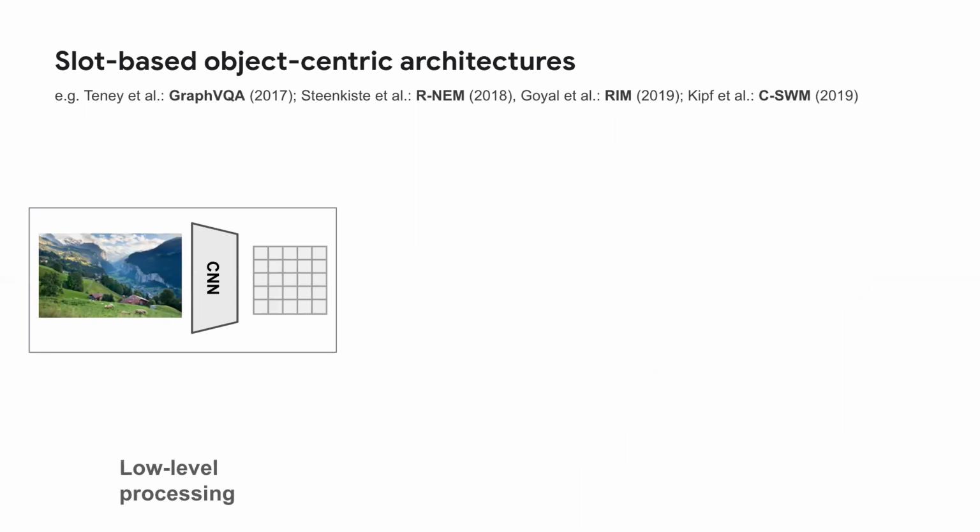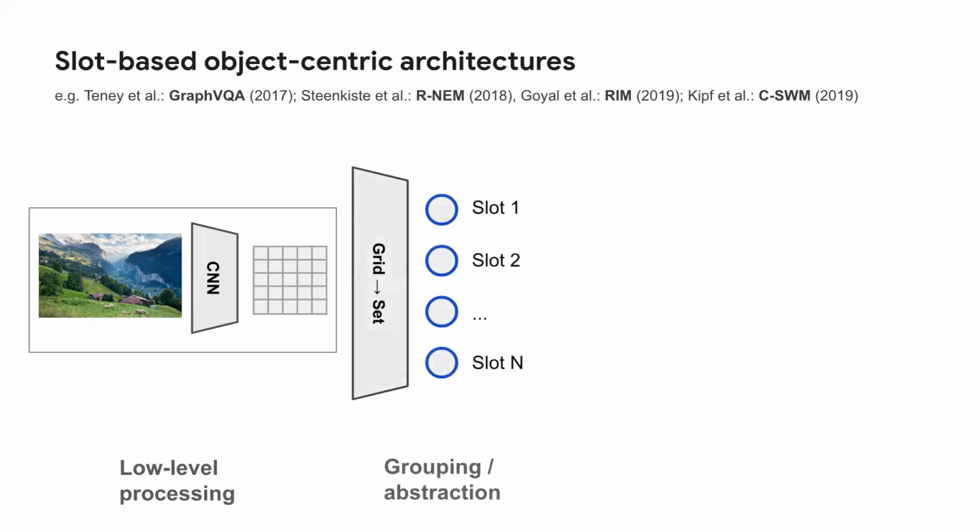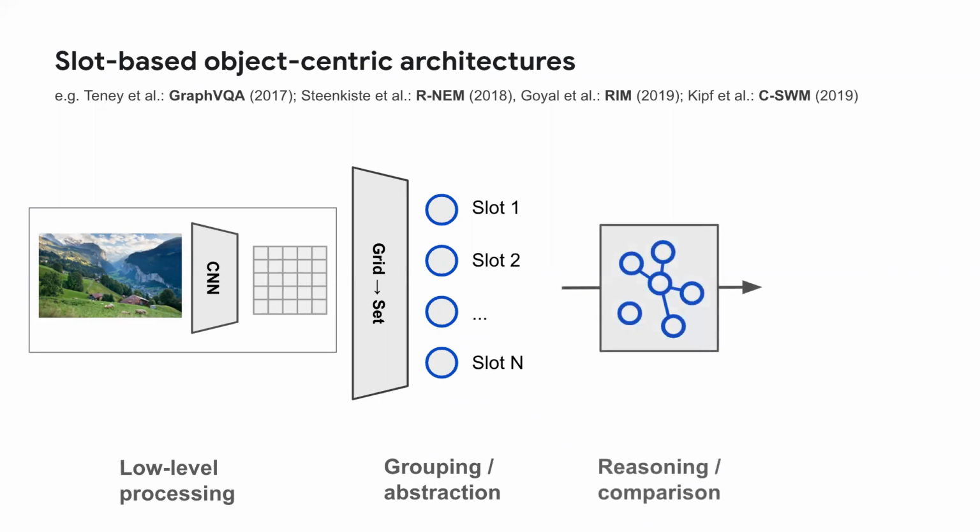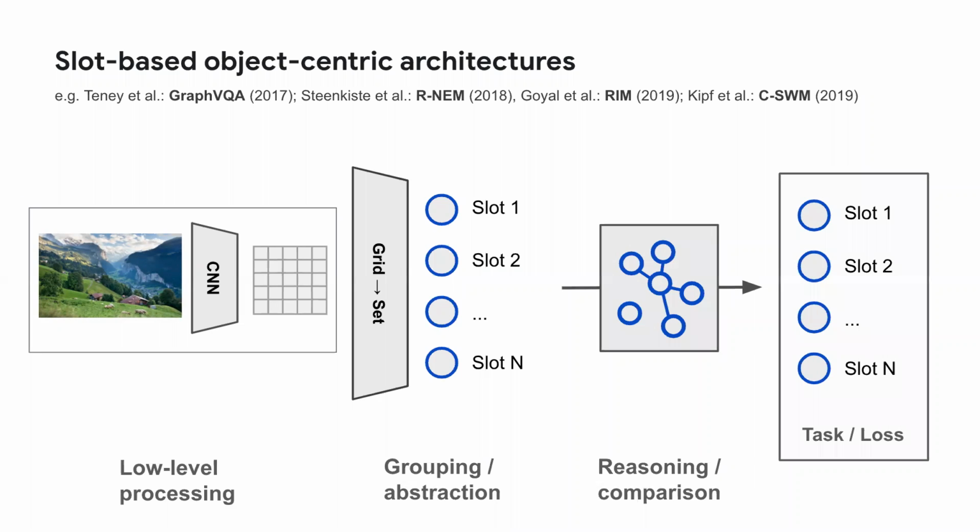But the key underlying idea for this family of architectures is that you have your image, you do some low-level processing with a CNN, a small CNN backbone, and then there is an abstraction step where you go from the output of the CNN, which is structured as a grid, to a set of high-level variables that are supposed to capture the objects in the scene. And then if you want, you can have some reasoning on top, for example, comparing these variables. And at the end, you have some task, which depends on these slots.